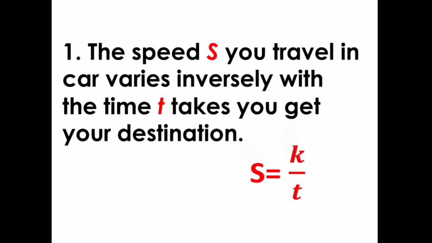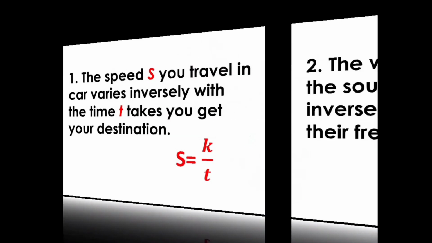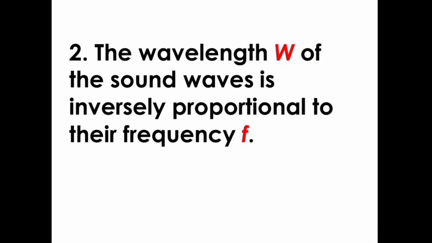The answer is s equals k over t. Second example: the wavelength W of sound waves is inversely proportional to their frequency f. What will be your answer? The answer is W equals k over f.